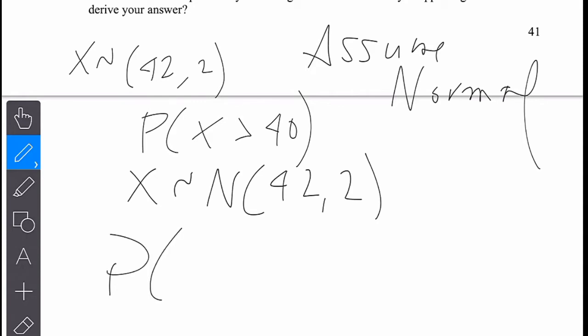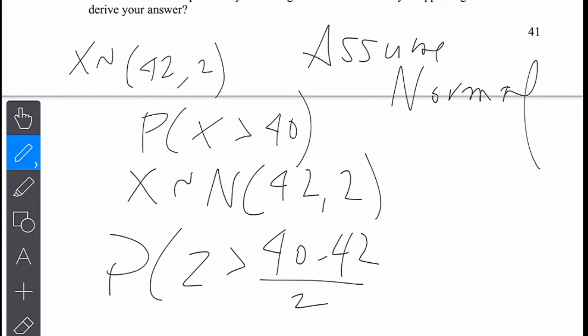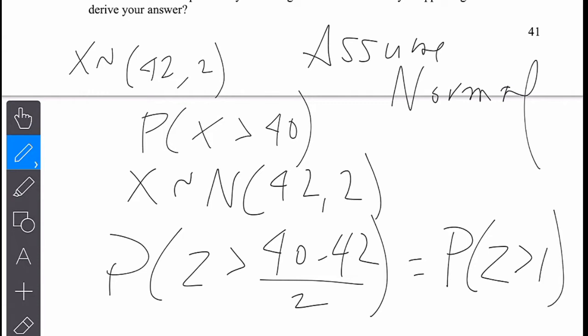Probability, we could standardize this, 40 minus 42 divided by 2. So it's going to be P(Z greater than -1), sorry, -1.